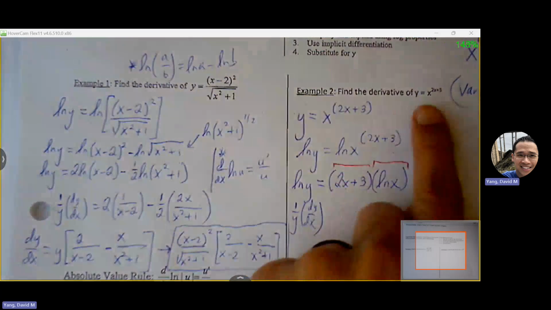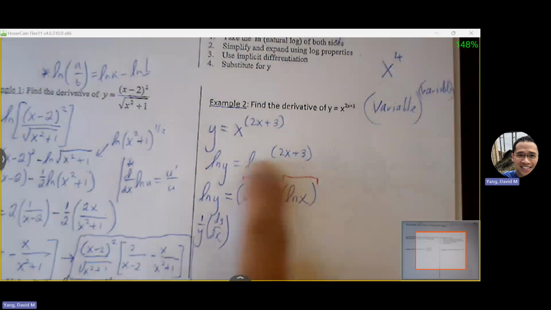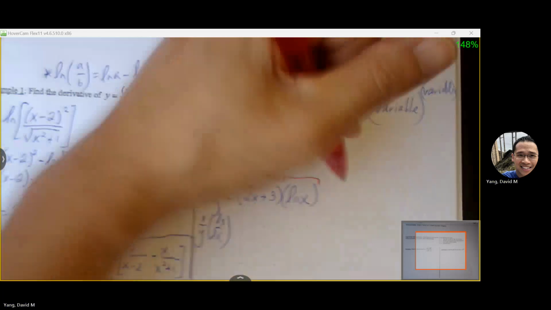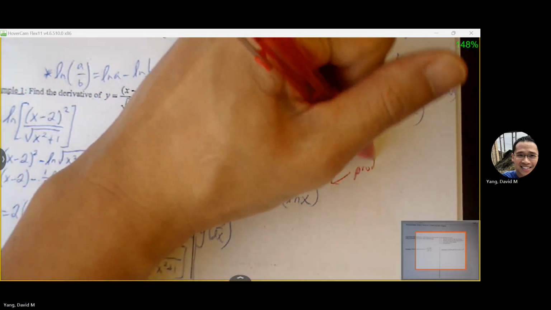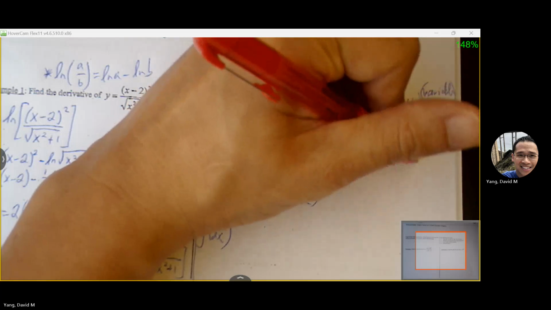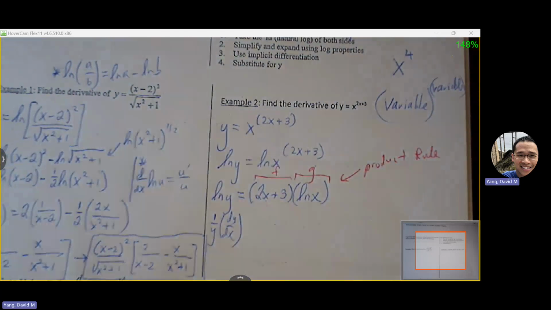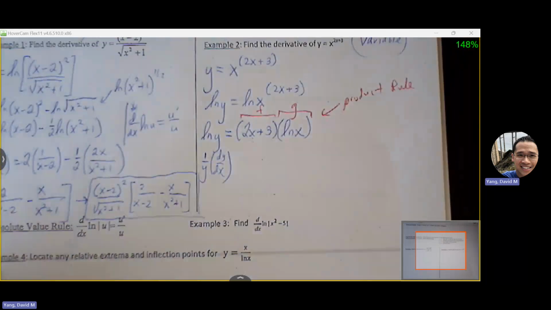So whenever you see a variable raised to a variable and you use log differentiation, you should always be expecting product rule to show up. Okay. f prime g plus f g prime.